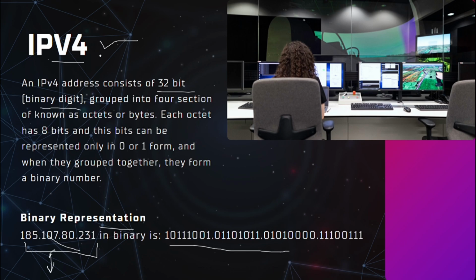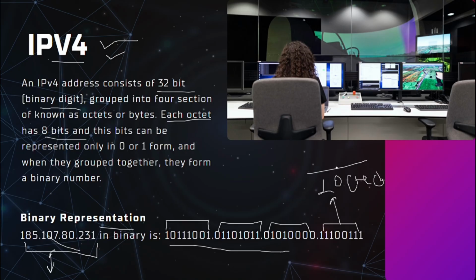This comes under IPv4, and each octet has 8 bits, like this, from here to here, from here to here, from here to here, and here to here, which contains 1 octet. Okay, each octet has 8 bits, so this is considered an octet.